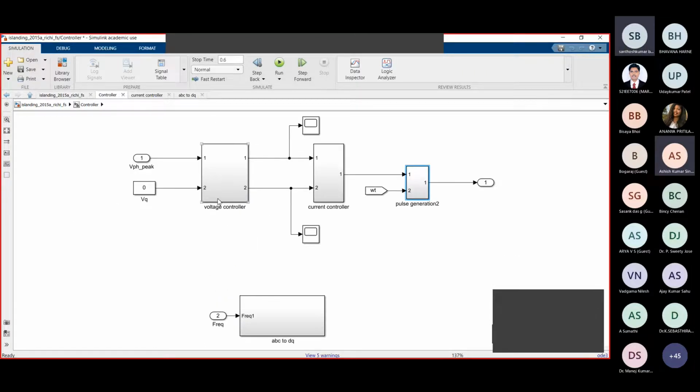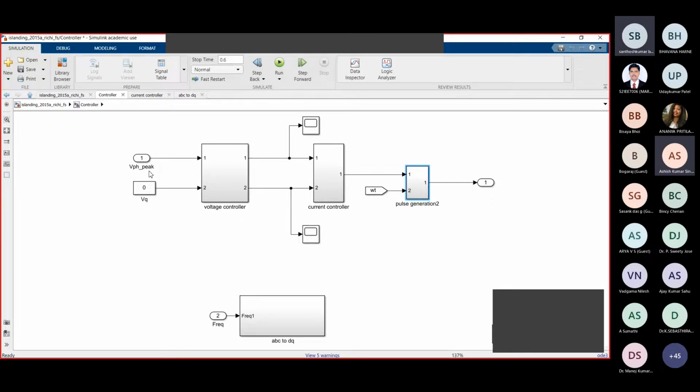In the voltage controller, the actual reference value depends upon VD and VQ. Here I am considering VQ is 0 and the whole value depends upon VD only. For example, V reference equals the square root of VD square plus VQ square.